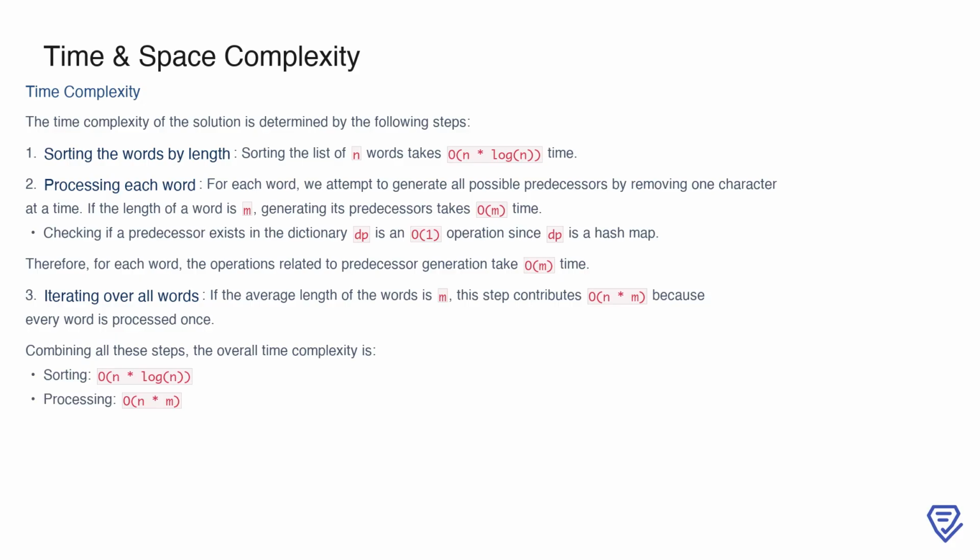Checking if a predecessor exists in the dp dictionary, which is implemented as a hash map, is an O(1) operation. Since every word is processed once, iterating over all words with an average length of m contributes n*m to the time complexity. When we combine these steps, the sorting operation adds n log n, and the processing of words adds n*m, resulting in an overall time complexity of n log n plus n*m.